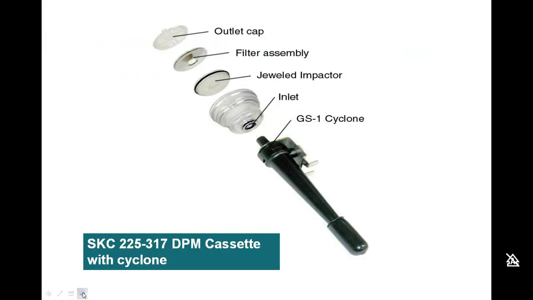Here you can see a schematic of the DPM filter cassette with GS1 cyclone. The GS1 cyclone meets the requirements of U.S. MSHA regulation. Note, however, that the cyclone serves only as a pre-scrubber to ensure the filter's impaction plate is not overloaded. Other cyclones can be used if they meet your agency requirements.